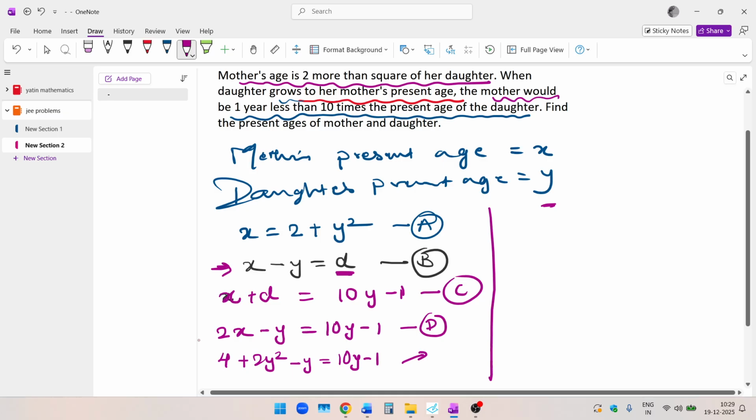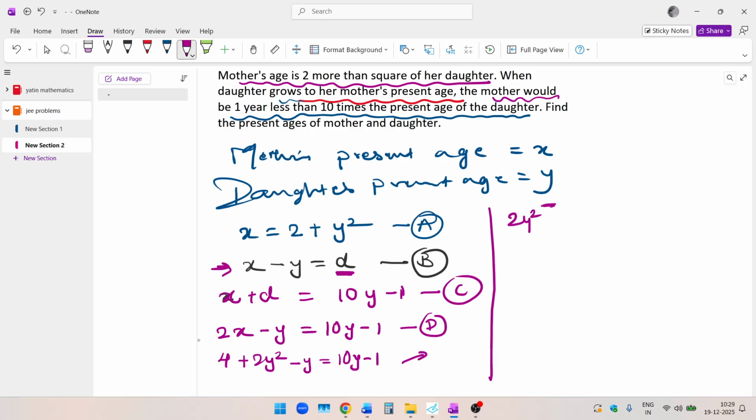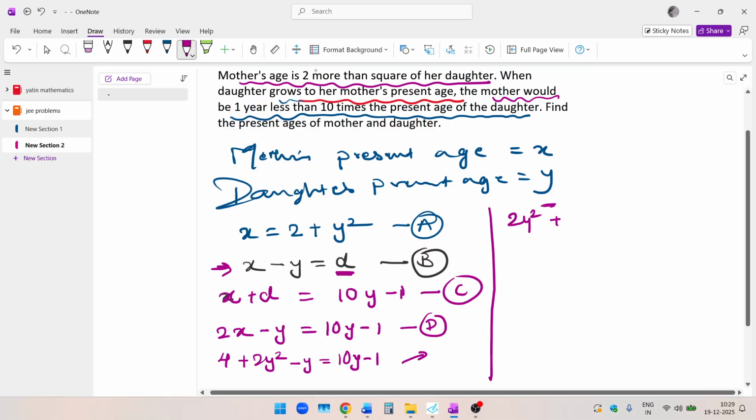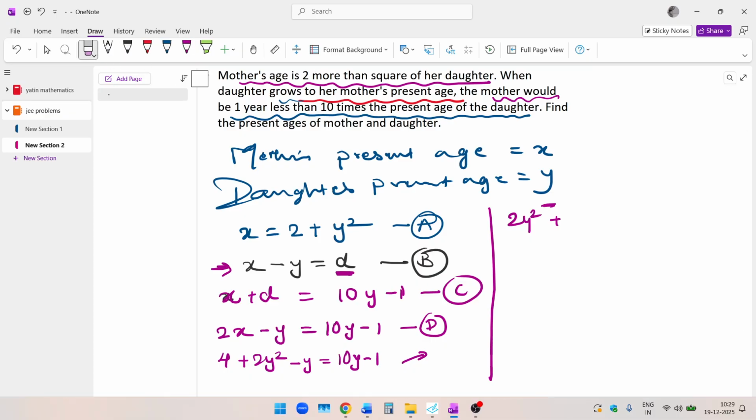So this will give me 2y square, plus 9y, right? Not 9y. It will give me 2y square minus 11y, right? It's not 9, it's minus 11y plus 5 is equal to 0.